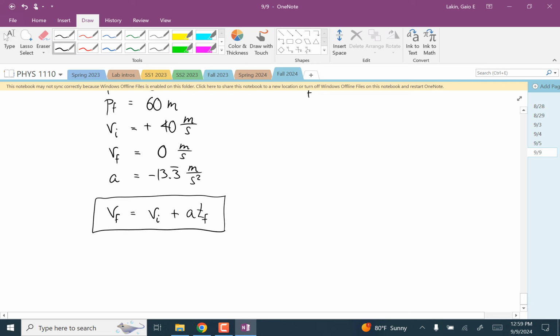So 0 is equal to 40 plus negative 13.3 repeating times time final. And so 13.3 repeating times time final is equal to 40.